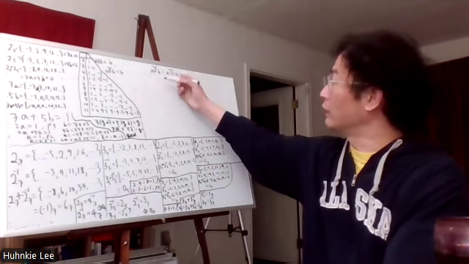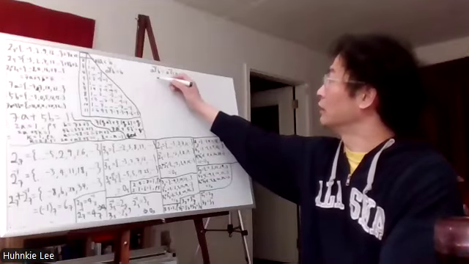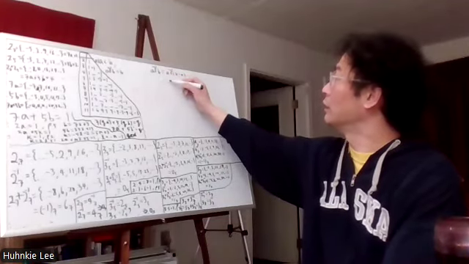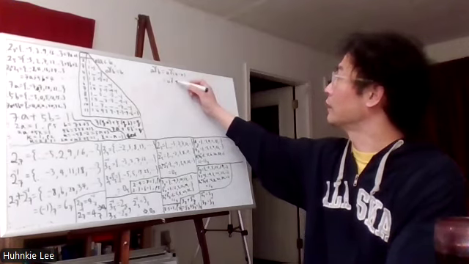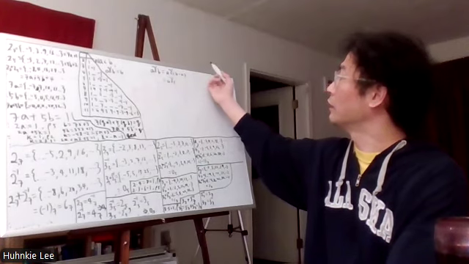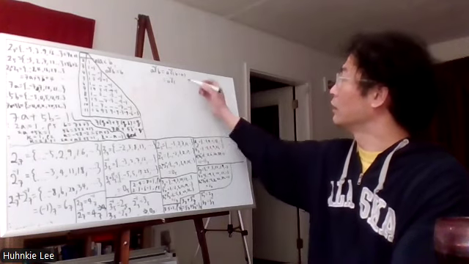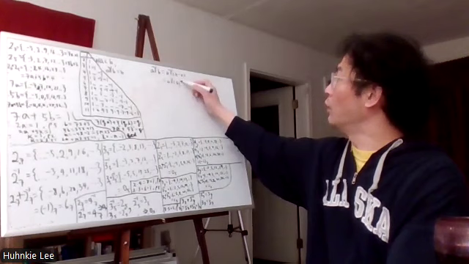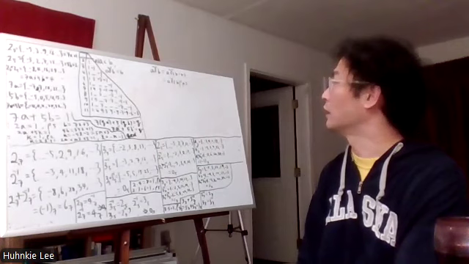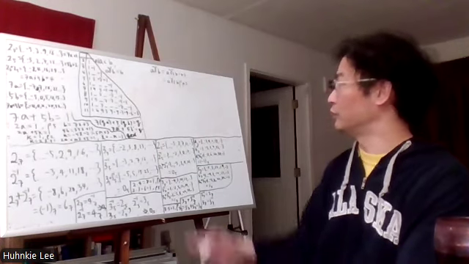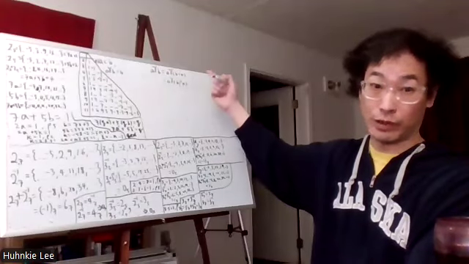Okay, so B is the bigger number, right? So we want to break it down. B row A. And so this is already known outside of human school.